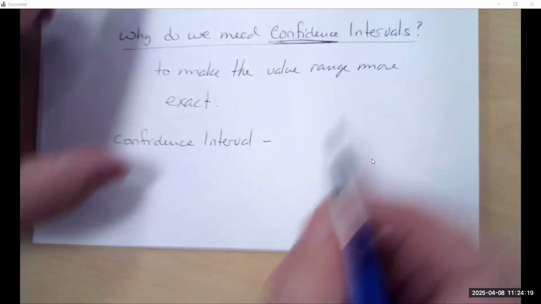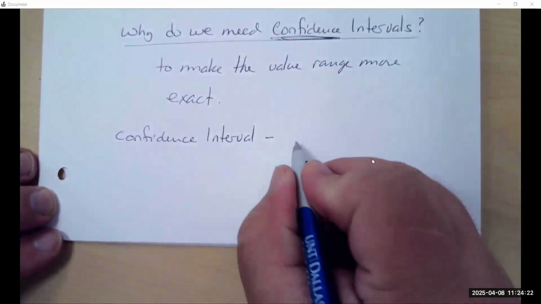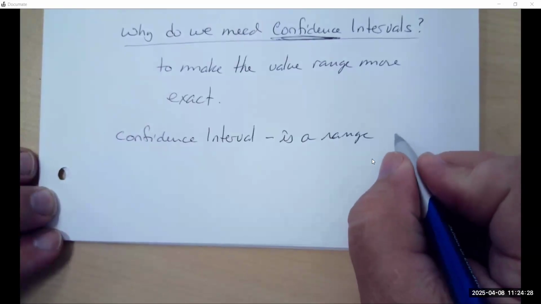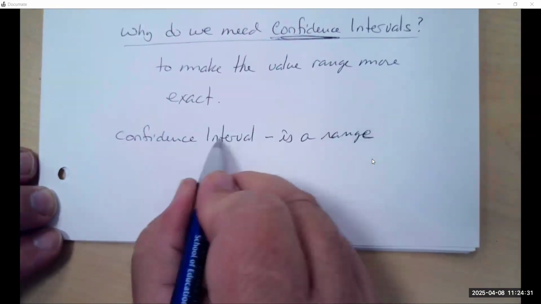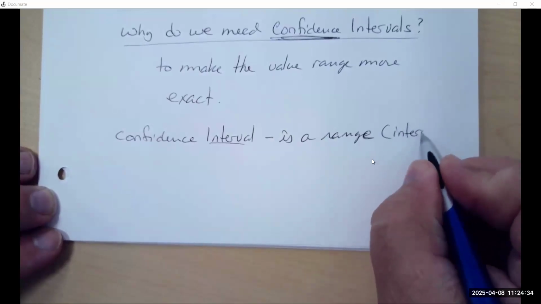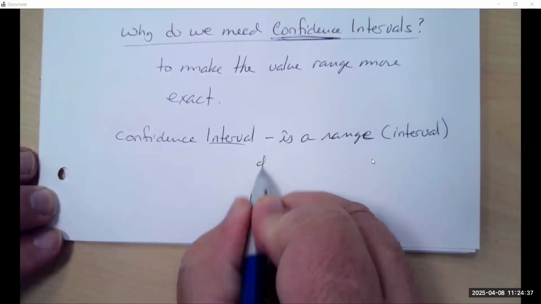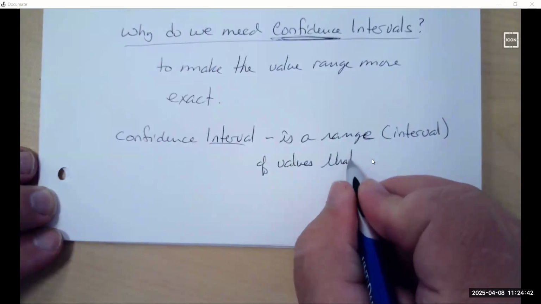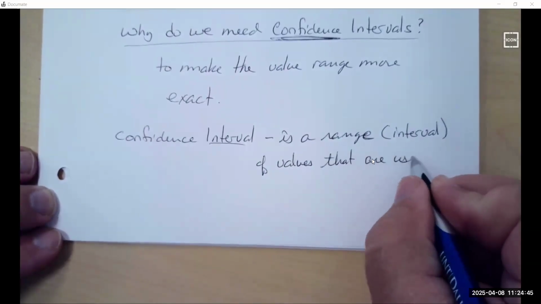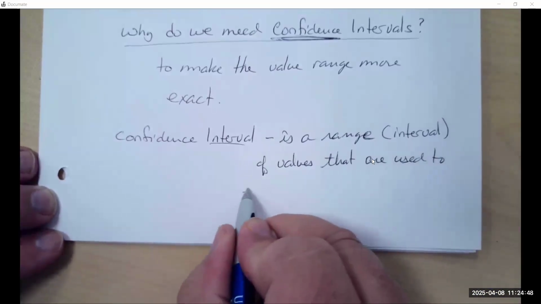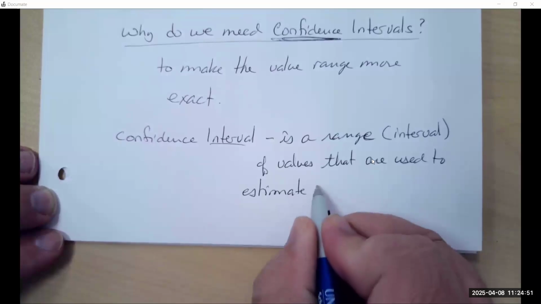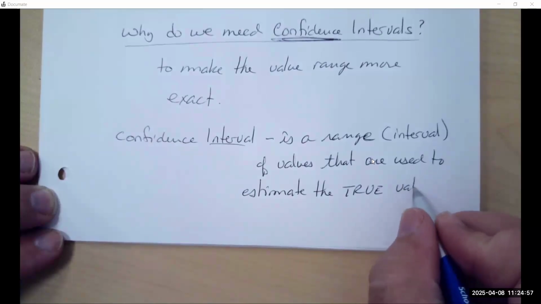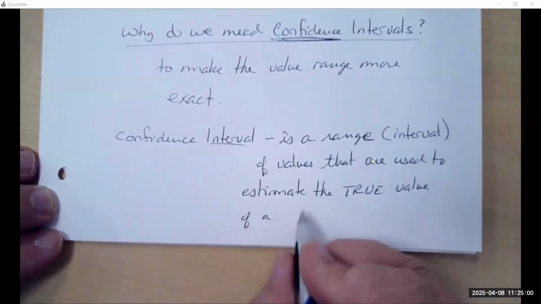The confidence interval is a range of numbers, or as it says, an interval of values that are used to estimate the true value of a population parameter.